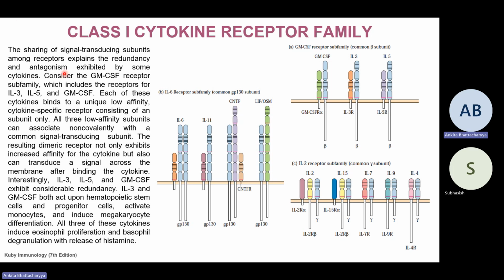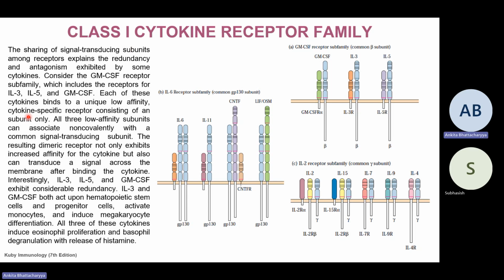Coming to the legend here, consider the GM-CSF receptor subfamily, which includes receptors for IL-3, IL-5, and GM-CSF as well. Each of these cytokines binds to a unique low affinity cytokine specific receptor, consisting of a low affinity subunit which is permanently present.